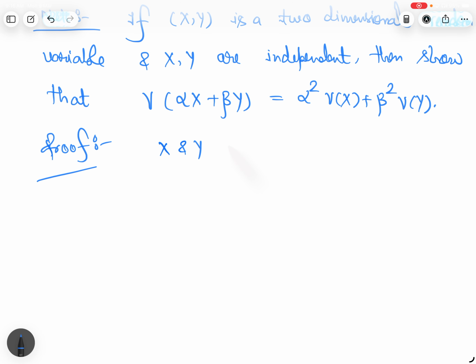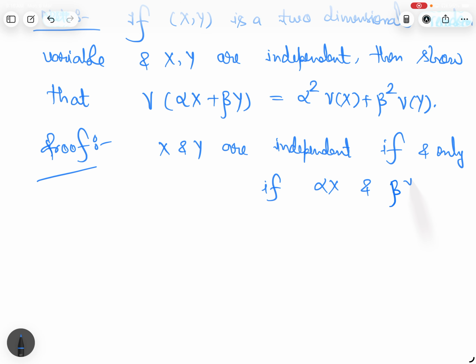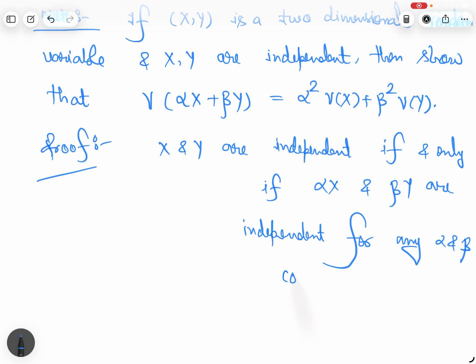x and y are independent if and only if alpha x and beta y are independent, for any constants alpha and beta. You observe this fact: if x and y are independent, you take scalar times of x and scalar times of y, they are also independent. You can check it.